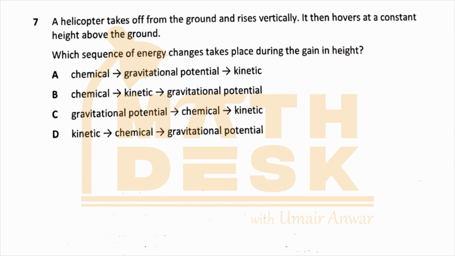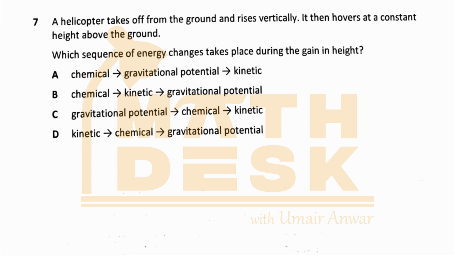Question number 7 says a helicopter takes off from ground and rises vertically. It then hovers at a constant height above the ground. Which sequence of energy changes takes place during the gain in height? Chemical into gravitational into kinetic, chemical, kinetic, gravitational, gravitational, chemical, kinetic, kinetic, chemical, gravitational.